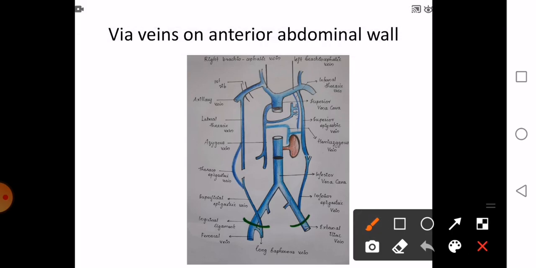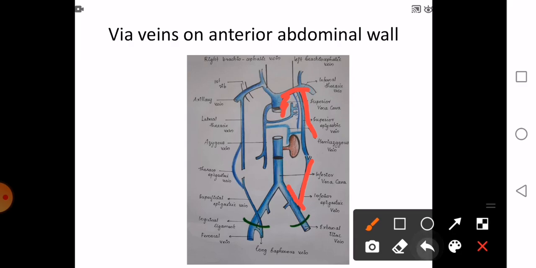So here you can see towards the midline the superior epigastric vein. The superior epigastric vein drains into the brachiocephalic and then into the superior vena cava and then into the right atrium. Below the umbilicus, we have the inferior epigastric vein, which drains into the external iliac and then the inferior vena cava and then into the right atrium.